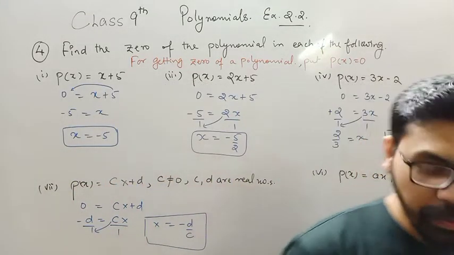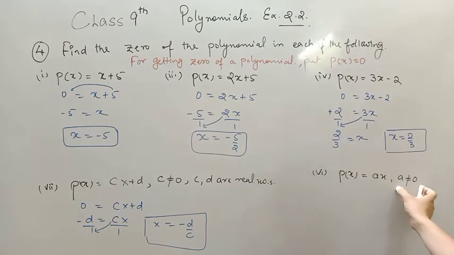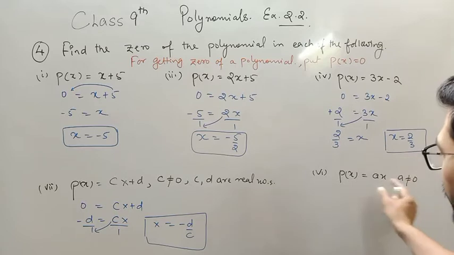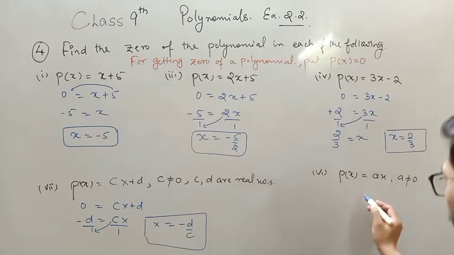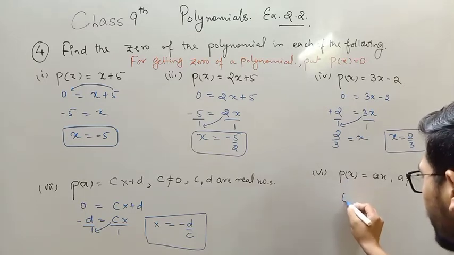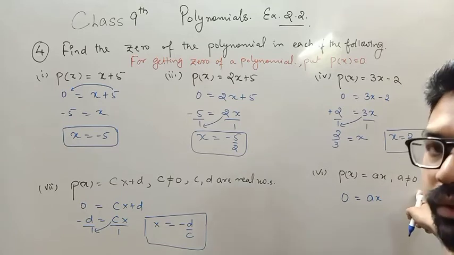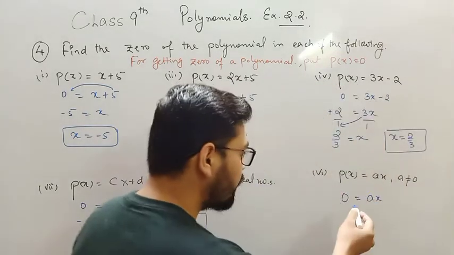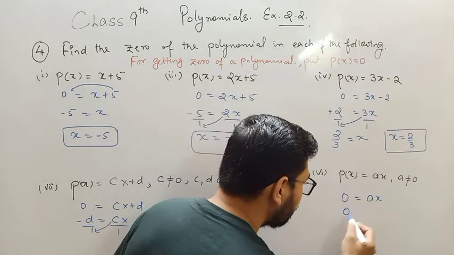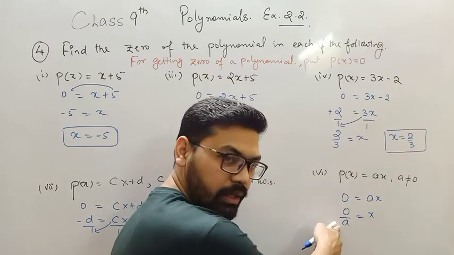Now the 6th part, p(x) equals ax, and the condition given is a is not equal to 0. If a were 0, then there would be no question, as p(x) would itself be 0. So put p(x) equals 0, ax equals 0. Now there is a reason why the question says a is not equal to 0. Let's say 0 upon a is equal to x, I cross multiply a into the denominator.